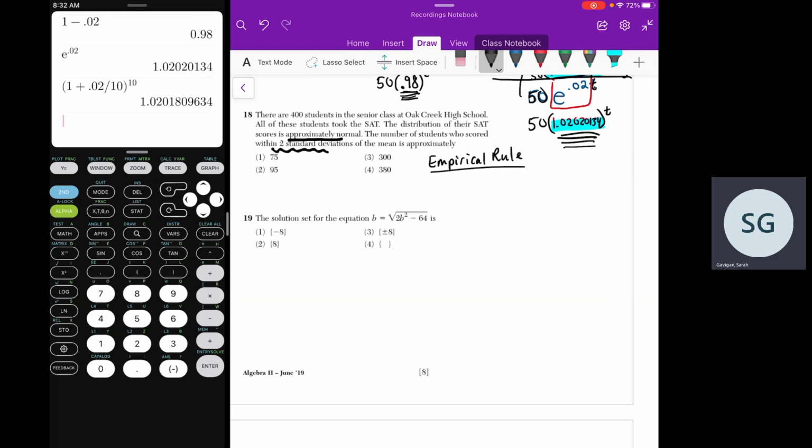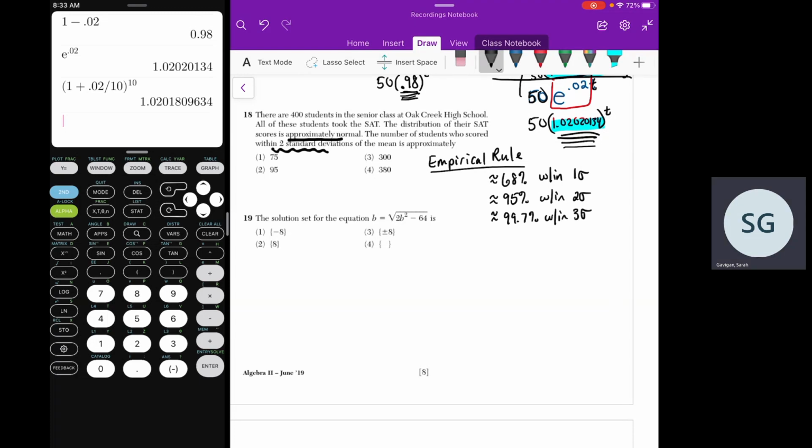That's what it's asking. The empirical rule says that approximately 68% of the data, if it's normally distributed, falls within 1 standard deviation of the mean. It says that approximately 95% of all the data in normally distributed data falls within 2 standard deviations of the mean. And for completeness, it's 99.7% within 3 standard deviations.